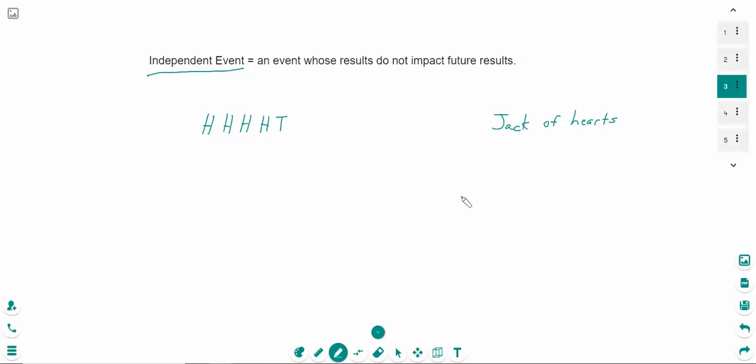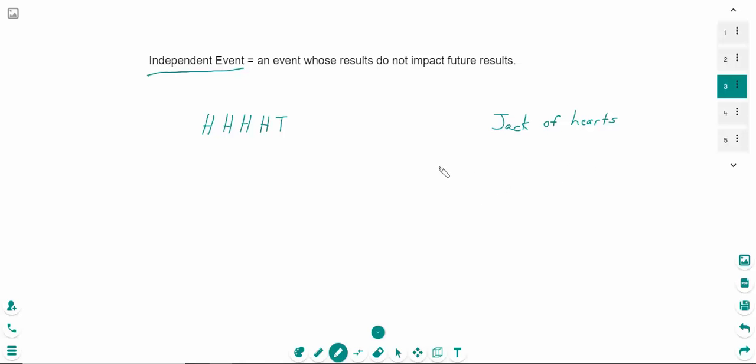Now I'm going to repeat the experiment and pull another card out of the deck. What are the chances of me pulling out the Jack of Hearts on my second draw? Well, if it's a standard deck, the chances are 0. There's only one Jack of Hearts in the deck, and I already drew it out.